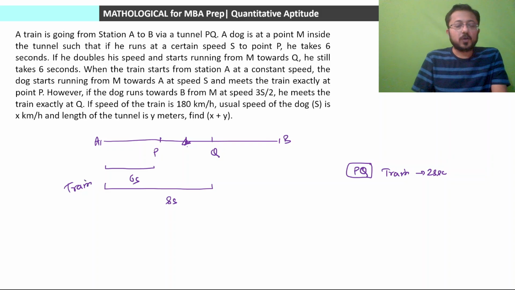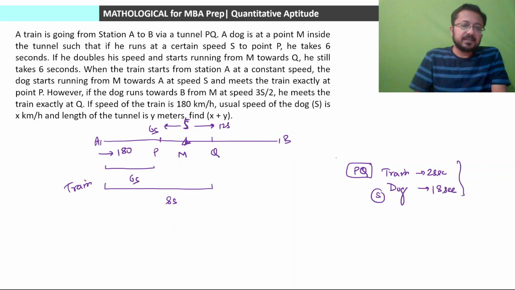And as far as the dog is concerned, ठीक है, ट्रेन का स्पीड हमारा 180 है. डॉग के लिए अगर स्पीड उसका s है, with the speed s, the dog will be taking 6 seconds to cover MP and 12 seconds to cover MQ. So the total time taken by the dog to cover the PQ distance with speed s will be 18 seconds.